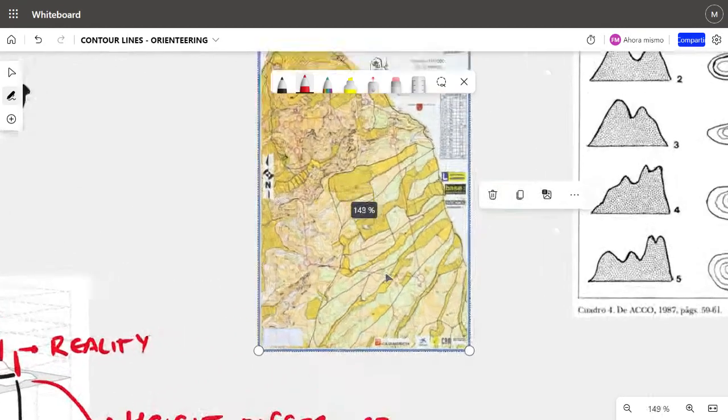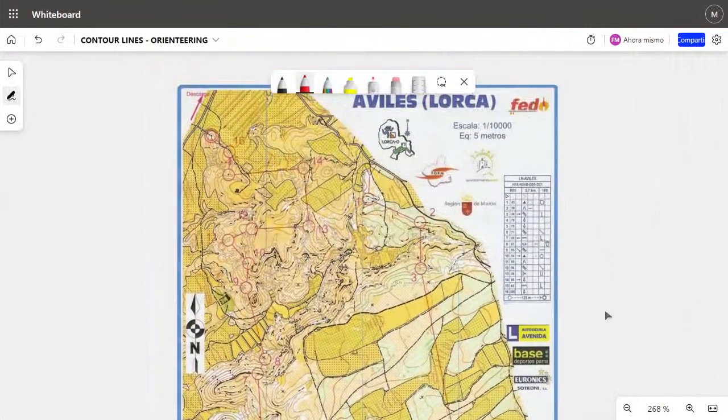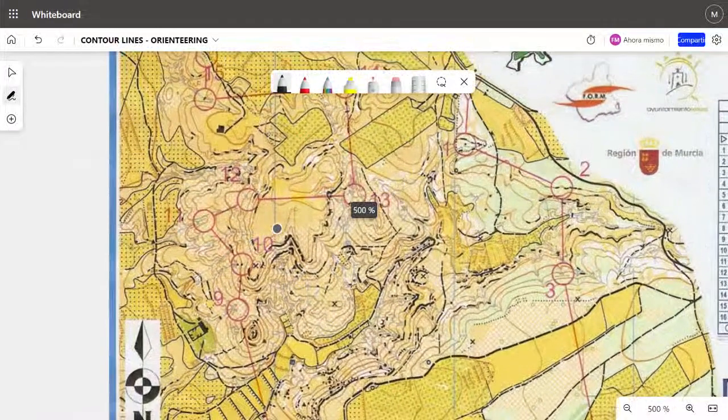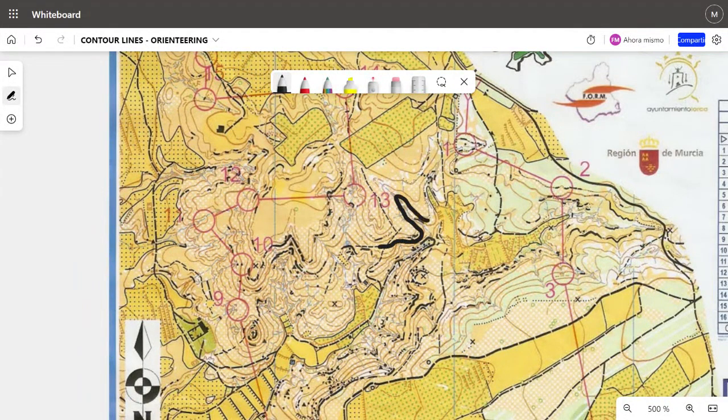But if we have a look at this map that is in Avilés, very near La Paca where we are, we are going to zoom in. We can see how there are a lot of contour lines. All these lines are contour lines. And in some parts of the map, they are very close one to another.